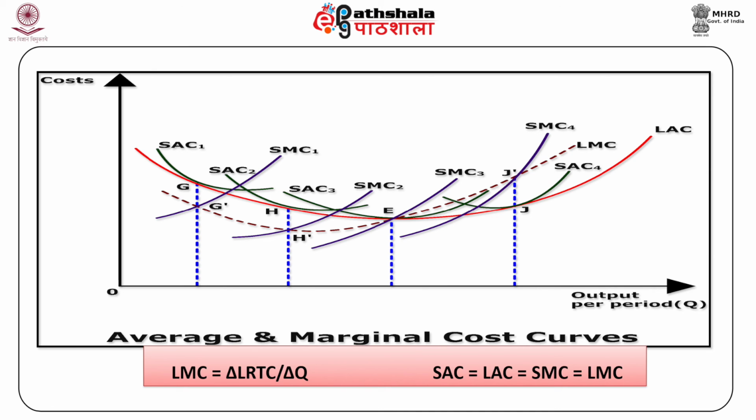This is the optimum point of production for any firm, where long run average cost of production is minimized. The minimum of the LAC curve is the most efficient point of production in the long run with minimum unit cost. At this point, SAC equals LAC equals SMC equals LMC.